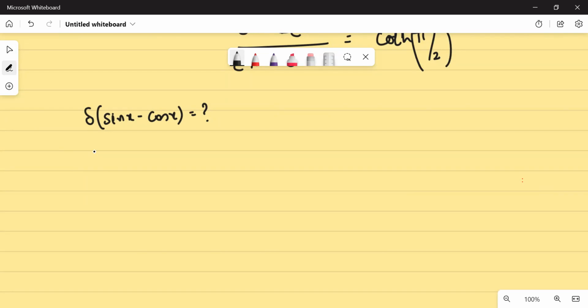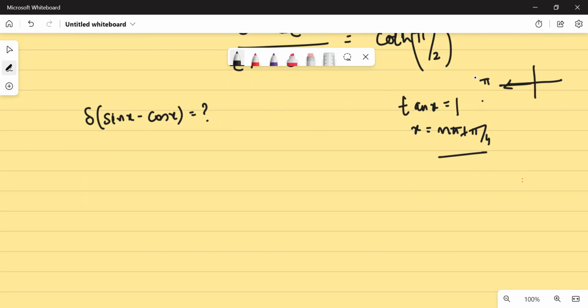So if I have to write Dirac of sin x minus cosine x, again, this is a function. Just first find where it will be 0. So when sin x is equal to cosine x, that means where tan x equals 1, and tan x equal to 1 implies x should be equal to n pi plus pi by 4. Understand my point: you just find tan inverse 1, that is pi by 4, and the periodicity of tan is pi.